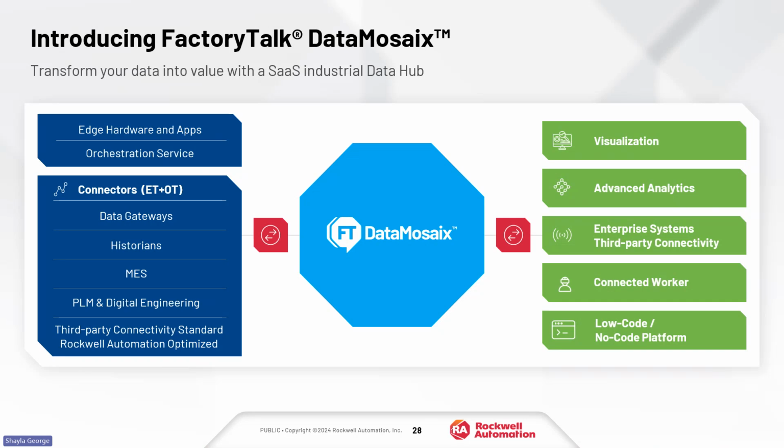It connects all of that data and then ingests it into Data Mosaics. Inside of Data Mosaics is where it does the contextualization and transformation of that data. That makes it more valuable so that you can better utilize it and visualize all of that data, mostly at an enterprise level from several different sites, and make use of it.